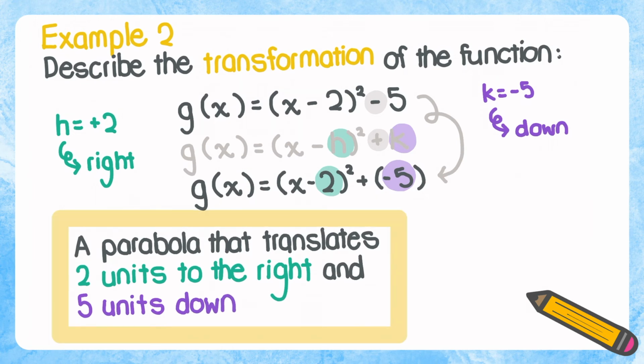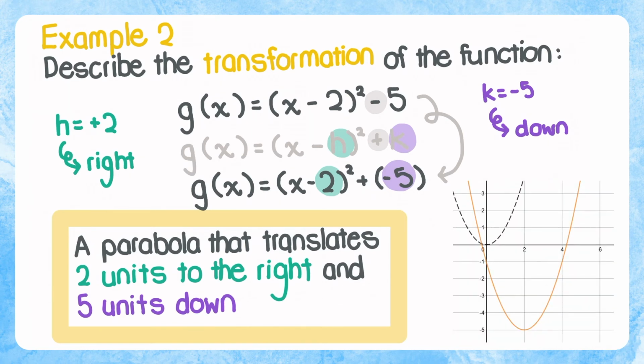So we have a parabola that translates 2 units to the right and 5 units down. I graphed this function on Desmos and notice how we moved 2 units to the right and also 5 units downwards.